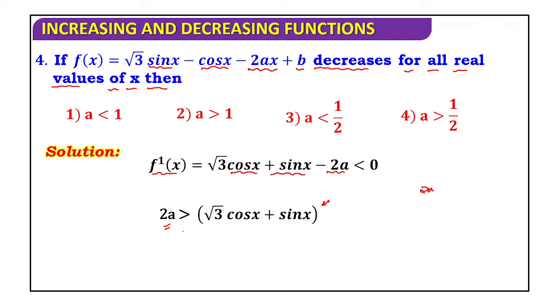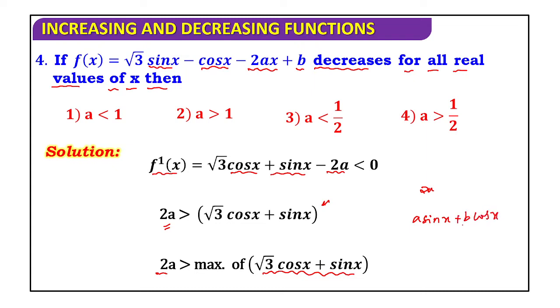So whenever the equation is in this form, a sin x plus b cos x, the maximum of this term will be root of a square plus b square. Okay, so that you must know.